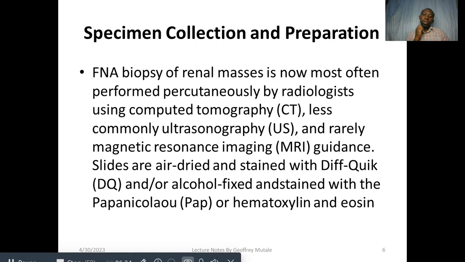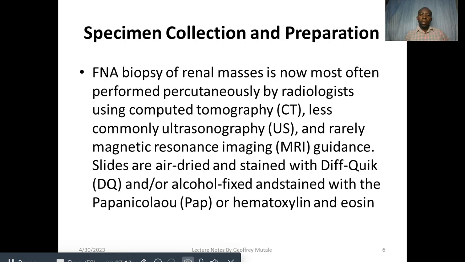The most common radiological method we use is the CT scan, followed by ultrasound. Actually, here in Africa this may be the opposite, because there are very few places where we have a CT scan, so we always use ultrasound because it is readily available, though the CT scan would give us more diagnostic and reliable results, but sometimes circumstances dictate.